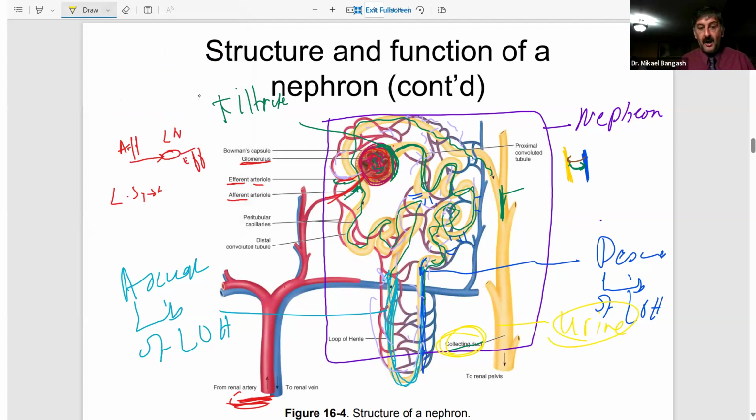Because after this point, there's probably not going to be any way that whatever ran through the tubules is going to be reabsorbed by the blood.